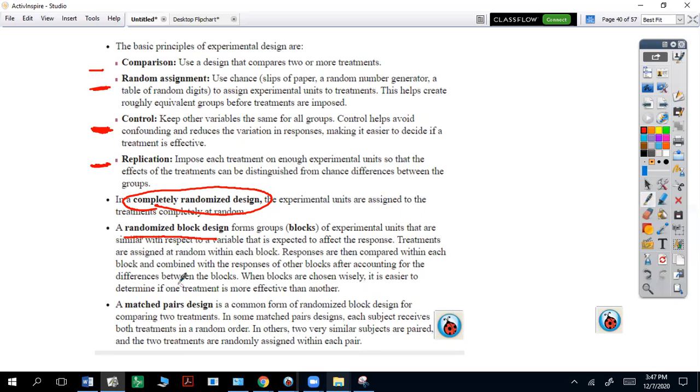Blocks are chosen wisely. It's easy to determine if one treatment is more effective than the other. So blocking is effective. A matched pairs is a type of blocking where you're oftentimes comparing one subject doing 2 different treatments and getting the difference between those 2. That's a matched pairs design.